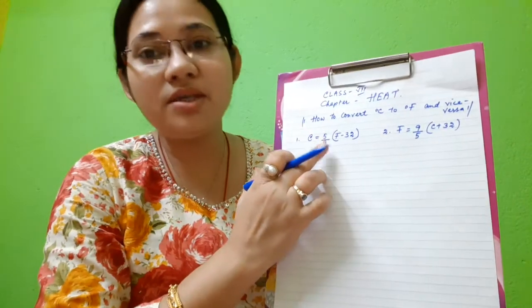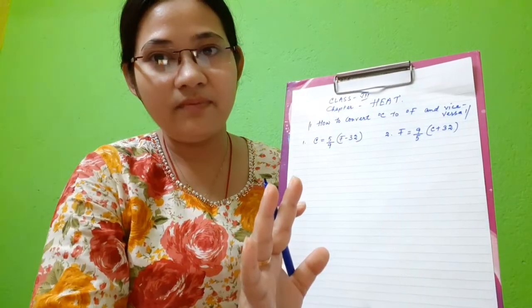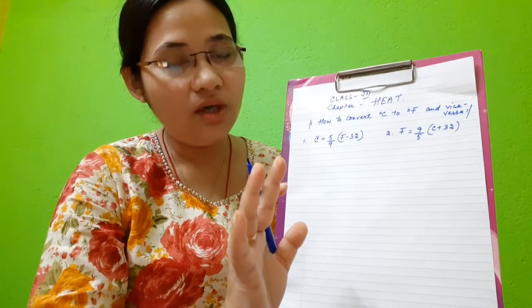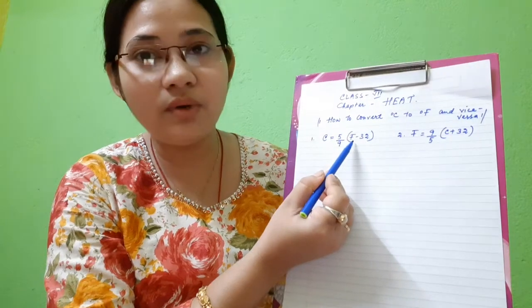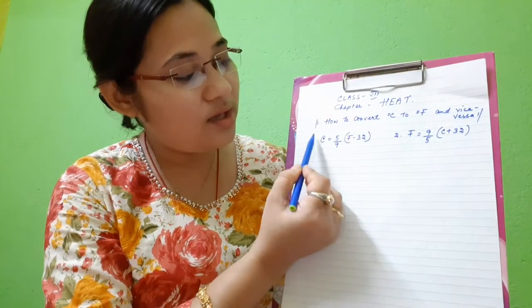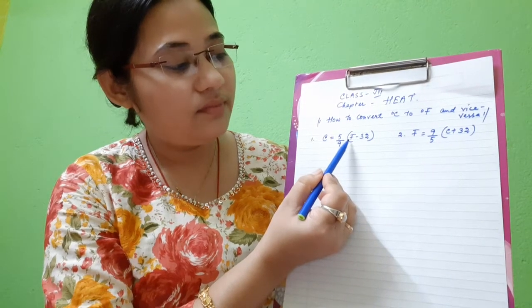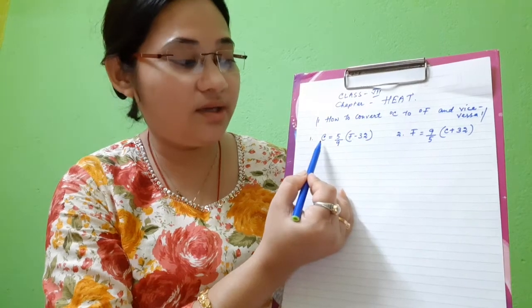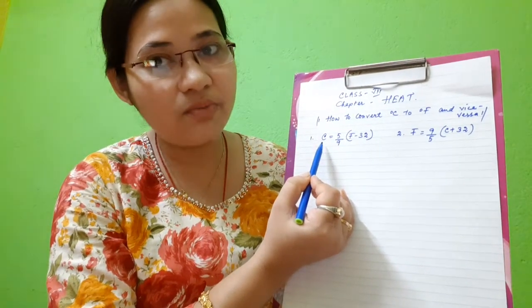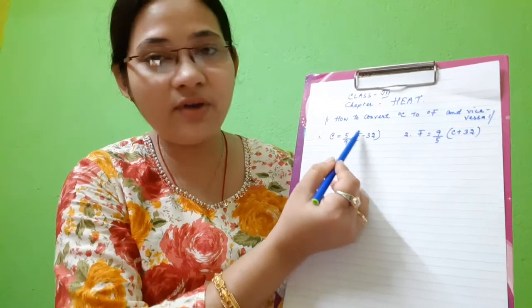There are basically two simplified formulas for it. Both the formulas are the same. If you do mathematics, you know that in the first formula there is a variable c and one more variable f. So c is equal to 5 by 9 bracket f minus 32. If any one is given to you, like centigrade is given, suppose 10 or 25 degree centigrade, then you can easily find out f.